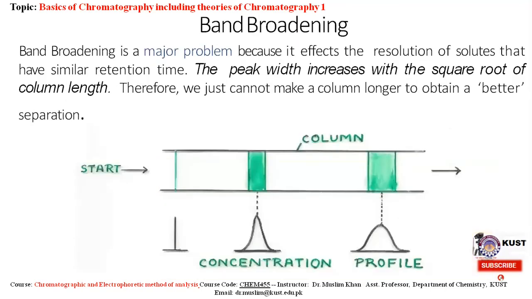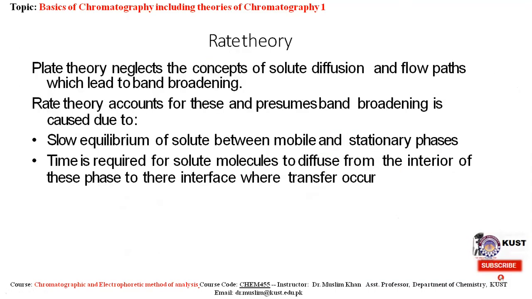First of all, band broadening is a major problem because it affects the resolution of solutes that have similar retention times. The peak width increases with the square root of column length. Therefore, we just can't make a column longer to obtain a better separation. Like these are the examples: here a very sharp peak, a little bit broad, and for this component a very broad profile. So this is known as band broadening.